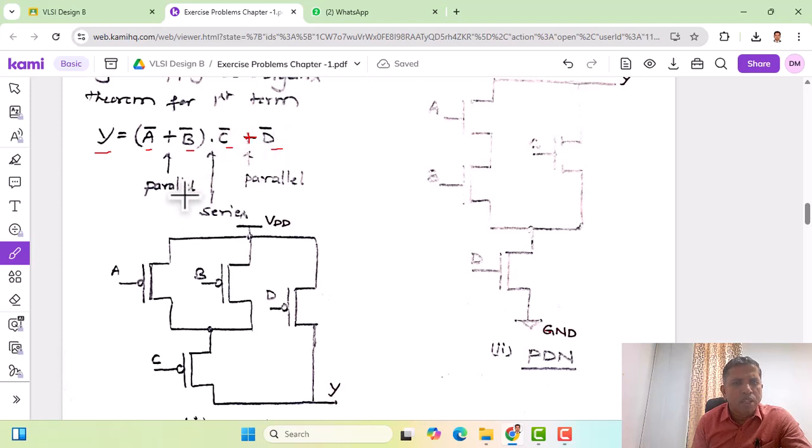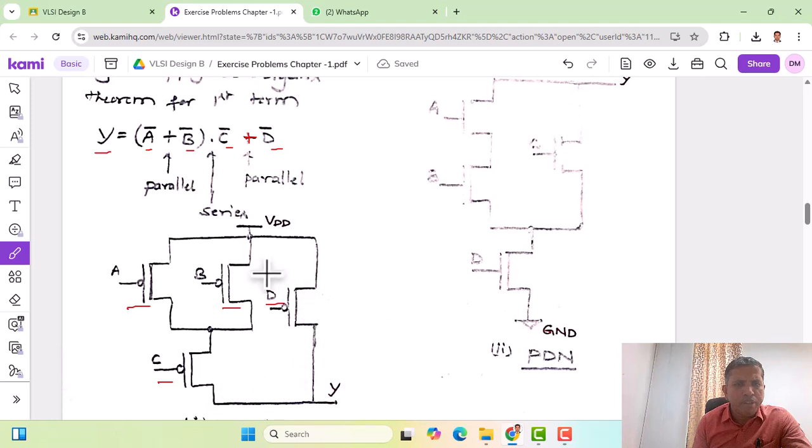Therefore, the complete network will have 4 transistors. A and B are going to be parallel, as we can see here. This is a parallel structure, and that is in turn in series with C. All of these are PMOS transistors, because the pull-up network comprises PMOS transistors, and this complete structure is in parallel with another PMOS transistor with input D.